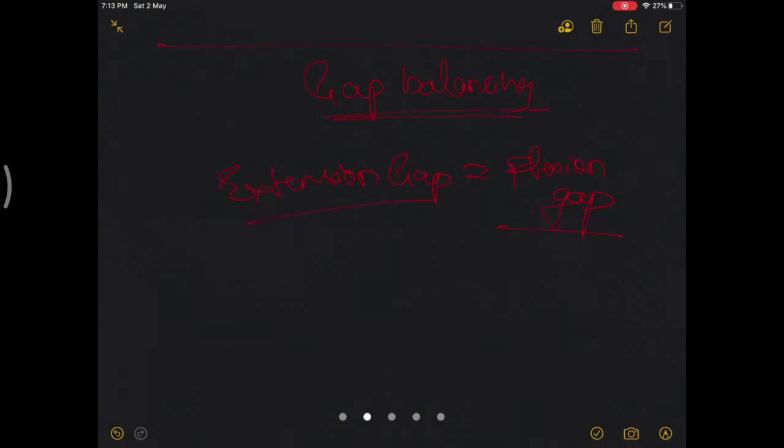So what happens is, if this is the femur, and this is the tibia, you will cut the tibia and take a cut in the distal femur, and this gap is called the extension gap.